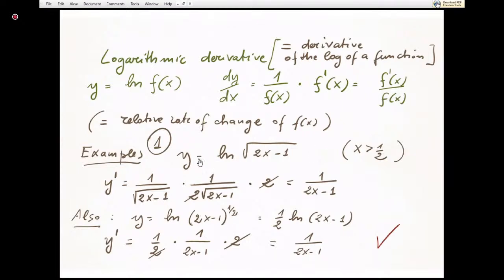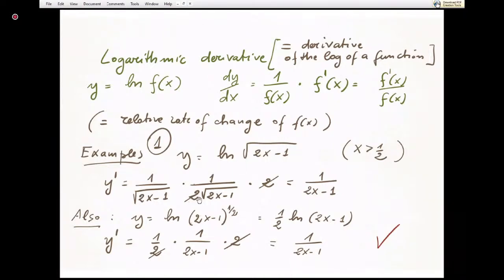Compute the derivative of this function, which means the log derivative of the square root of 2x minus 1. It's 1 over the square root of 2x minus 1 times the derivative of the square root of 2x minus 1. What is the derivative of the square root of 2x minus 1?